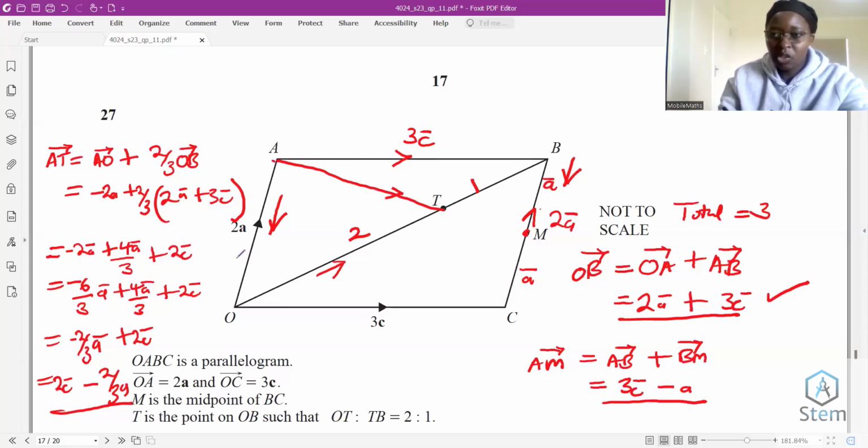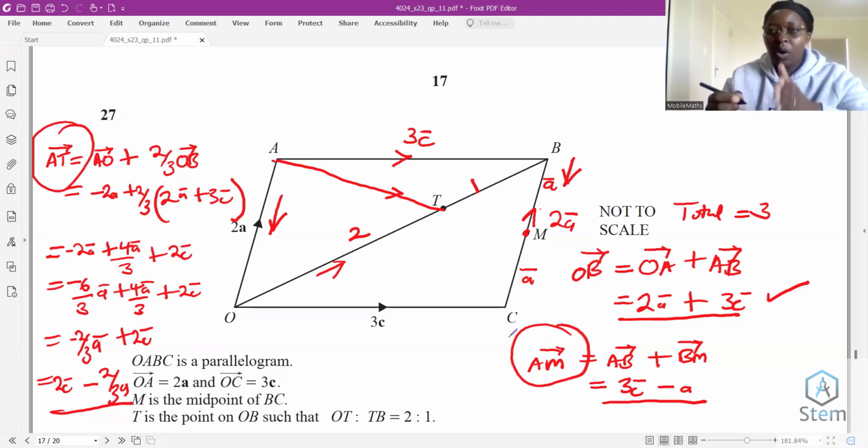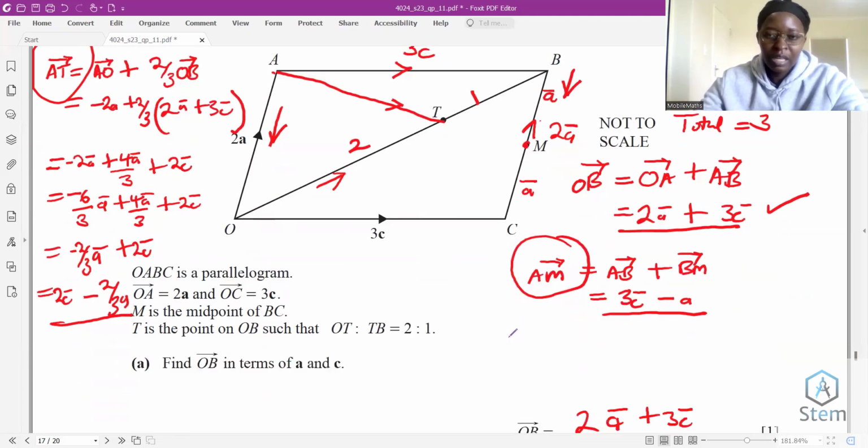We can use that because we have calculated AM, we have calculated AT. So I'm going to use these two vectors, this one and this one. Okay, so when we do their ratio, if they have same vectors and the other one have a scalar, then it means it's a straight line. So let's use that information.